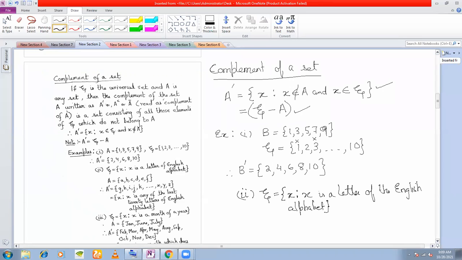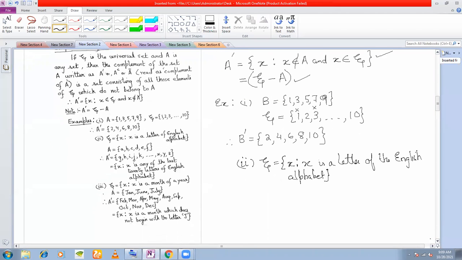This set is the universal set given. The set A is given to you as A, B, C, D, E, F. This is given in tabular form, the set A.